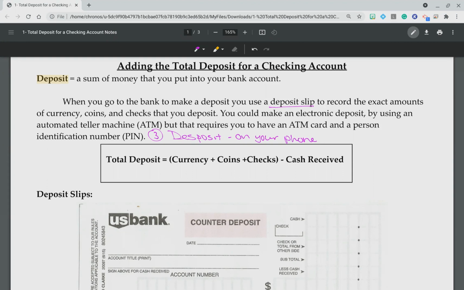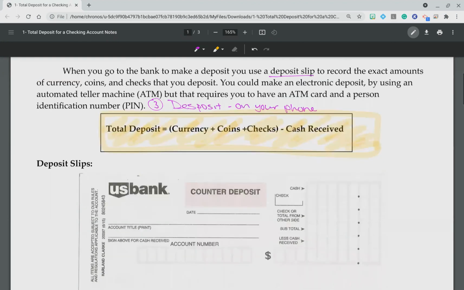So if you deposit $100, but you want to keep 40 of that, you just say less cash and you subtract the $40. So this is my equation for finding the total deposit. Add all the money together, subtract the amount you want to keep in your pocket, and that's your total deposit.